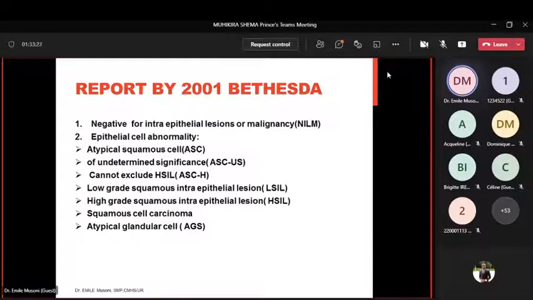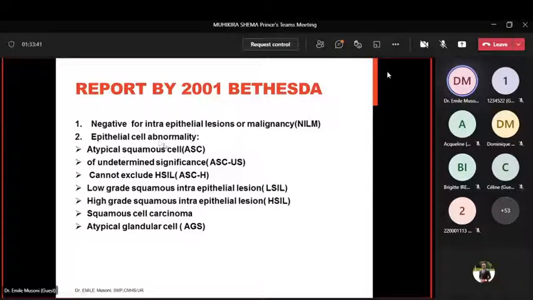Here is what you will see in your report when you are in hospitals. Negative for intraepithelial lesion or malignancy means this is a normal pap smear, meaning the cells are normal.